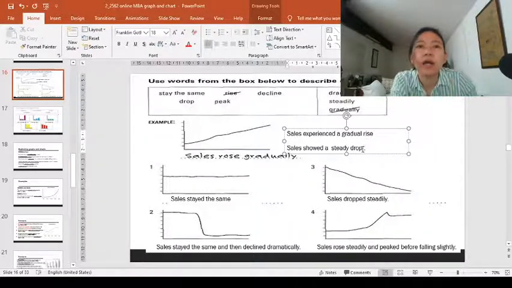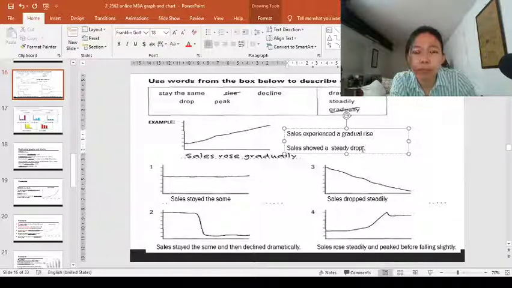So here we have two sentences that have the same meaning with subject, verb, and adverb, but we use the noun phrase with adjective and noun to explain the graph and chart. So we have a gradual rise, and we have a steady drop.